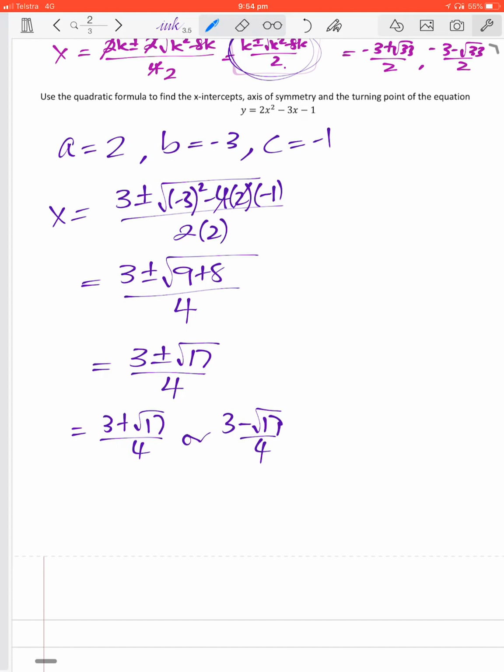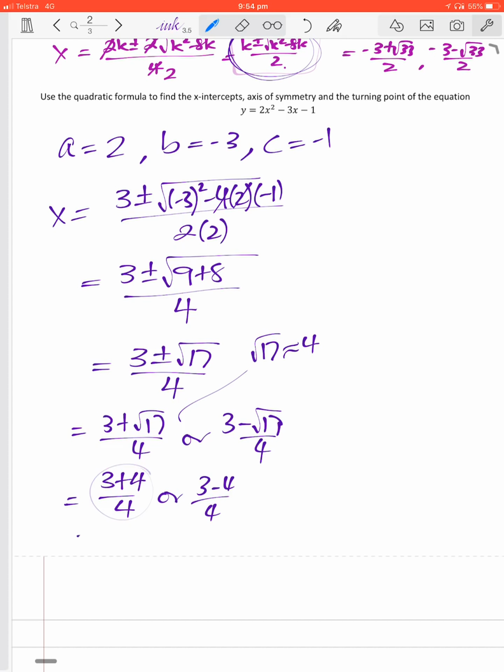Now we can approximate once again. The square root of 17 is about 4, so approximately, 3 plus 4 on 4, or 3 minus 4 on 4.